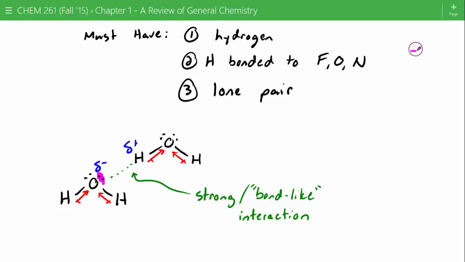An exception? I'm trying to think of a good example of that. Ammonia can hydrogen bond because it has a lone pair. There are some weird examples. I'd have to get back to you to think of an example without a lone pair.